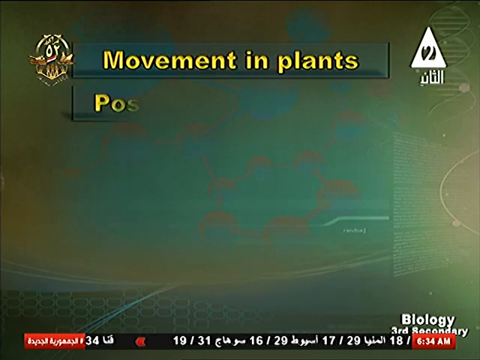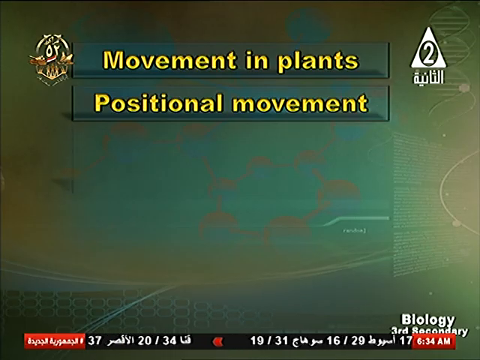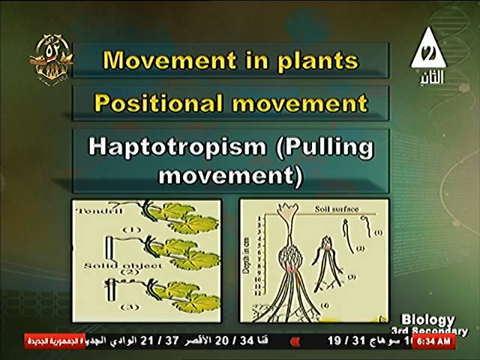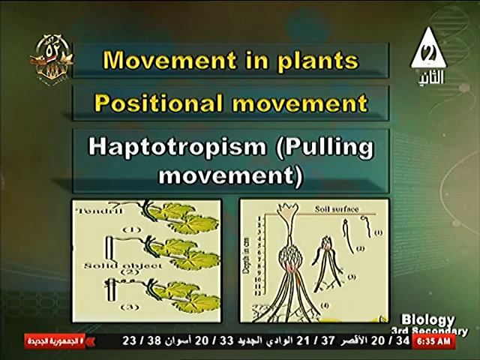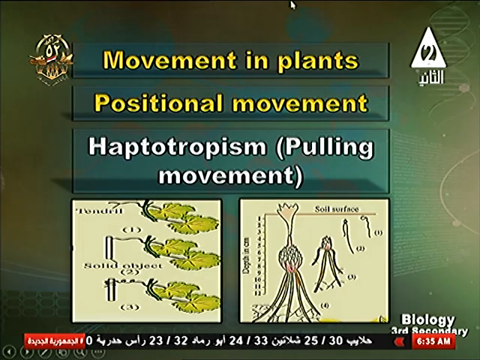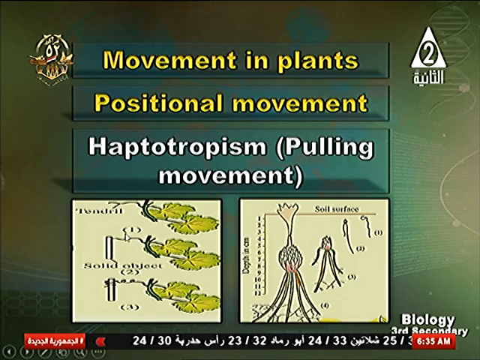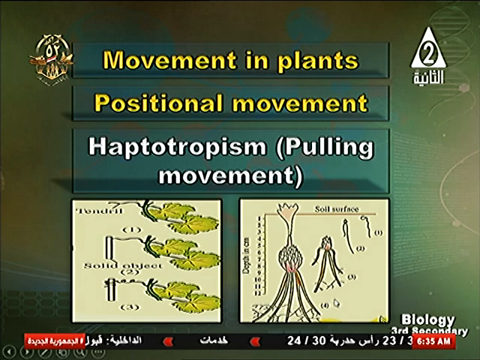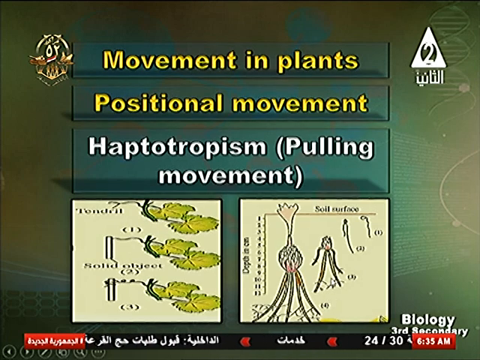Another type of movement in plant, which is also positional movement, is haptotropism, the pulling movement. We can see the pulling movement in plant in two examples: in the tendrils of climbing plants, and also in the roots of some corms and bulbs.